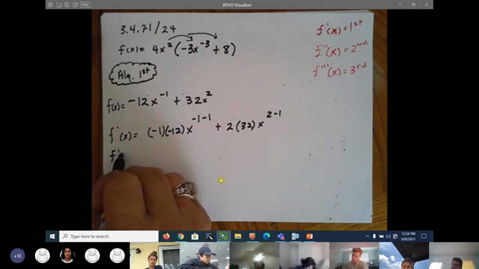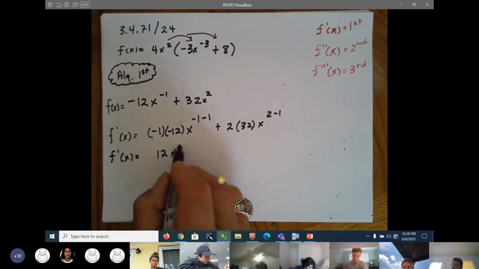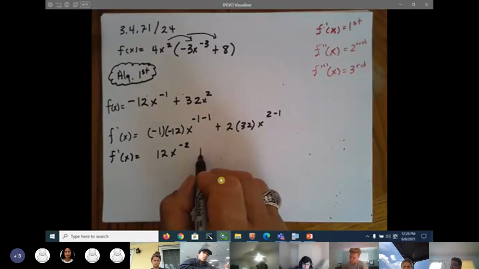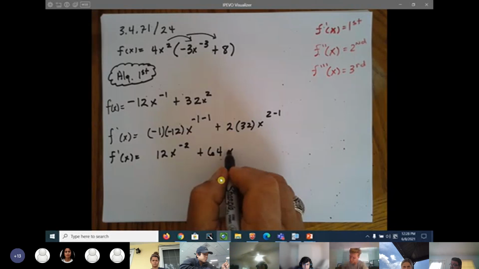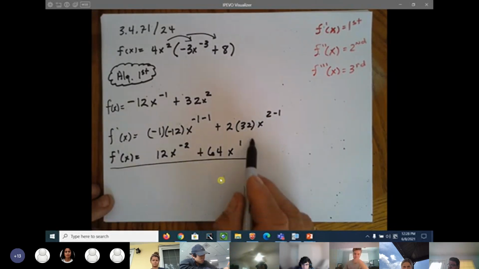So f prime of x is equal to 12x to the negative 2 plus 64x to the 1. That's your first derivative.